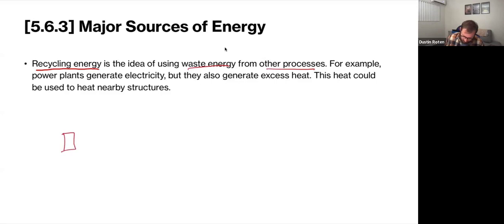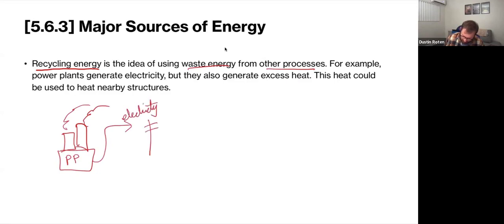So if you have a coal-fired power plant, here's my power plant. It's going to generate electricity, so we have power lines. It generates electricity, but it also generates a lot of excess heat. So you've got this heat, this steam.